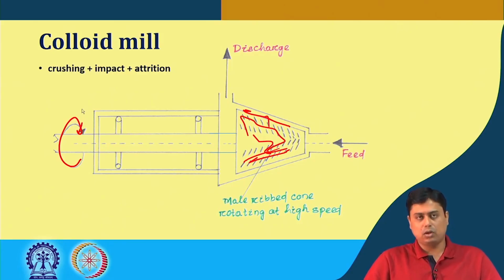The colloid mill is named so because we can get very fine particles from this equipment, since colloid particles are very small in dimension. That name attributes to the fact, but by this kind of milling operation we can have ultrafine particles.